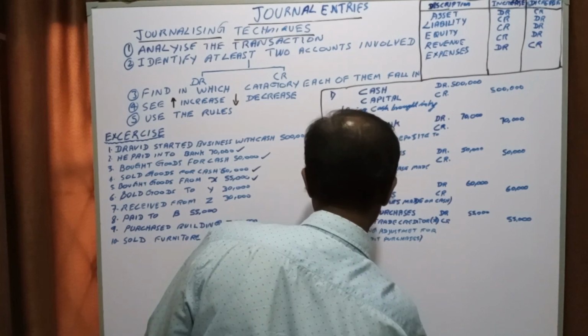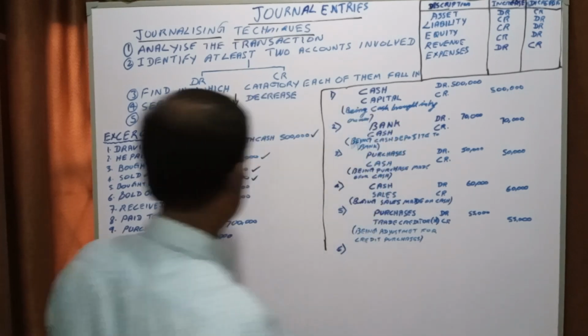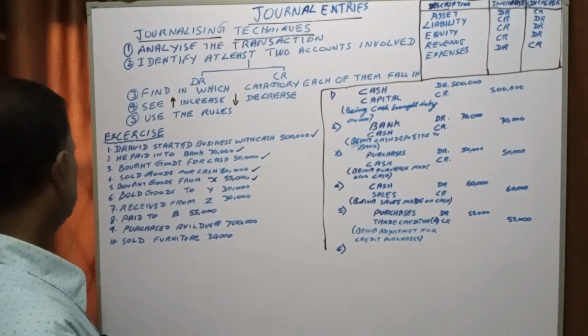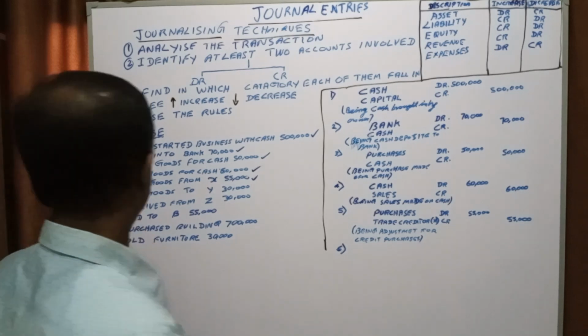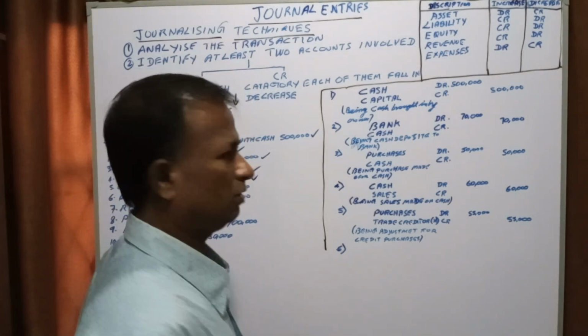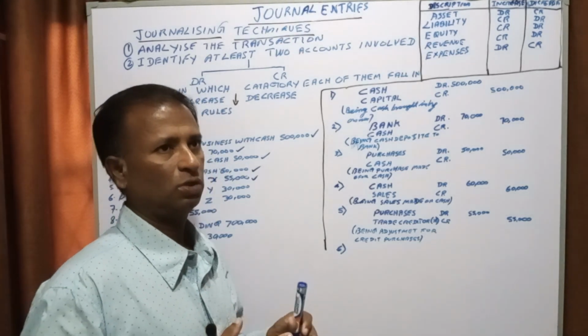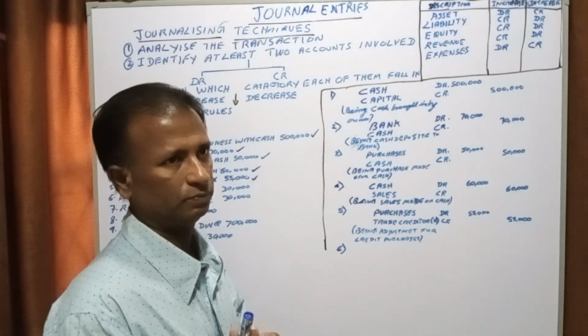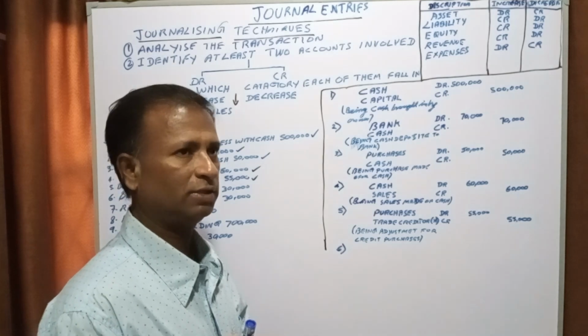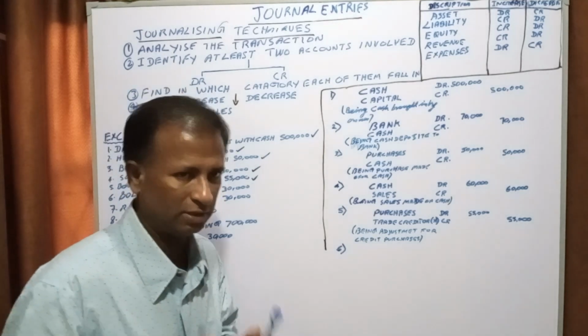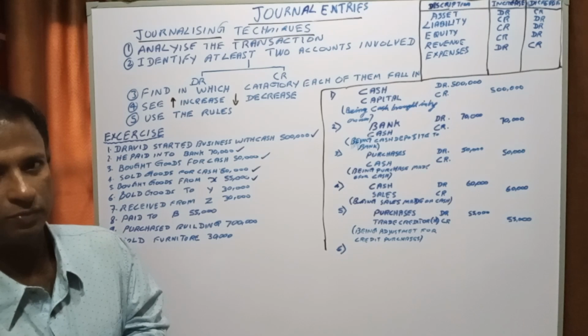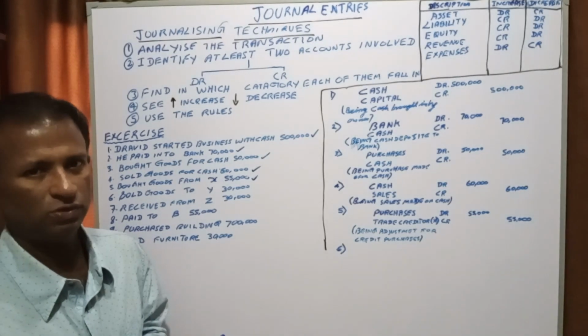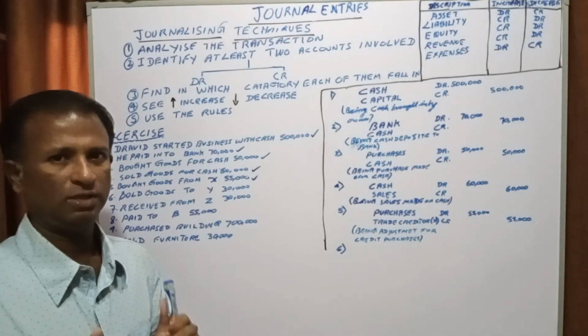Okay. Understood? Adjustment number 6 is sold goods to Y. We are selling the goods on credit. We are selling goods for credit in the sense that it is the debtors. So it is debtors.